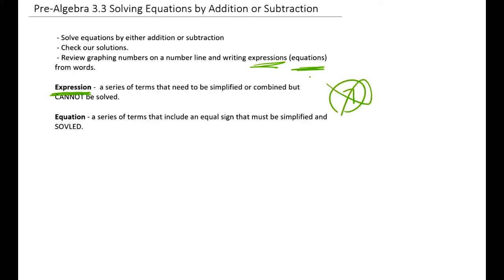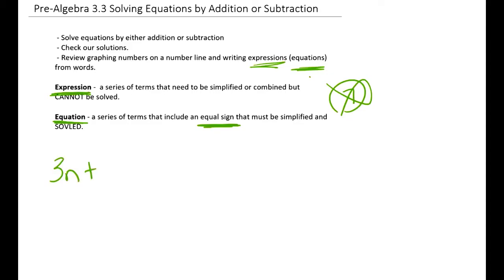An equation, on the other hand, is a series of terms that include an equal sign that must be simplified and solved. So I'm just going to give you a quick example of each.